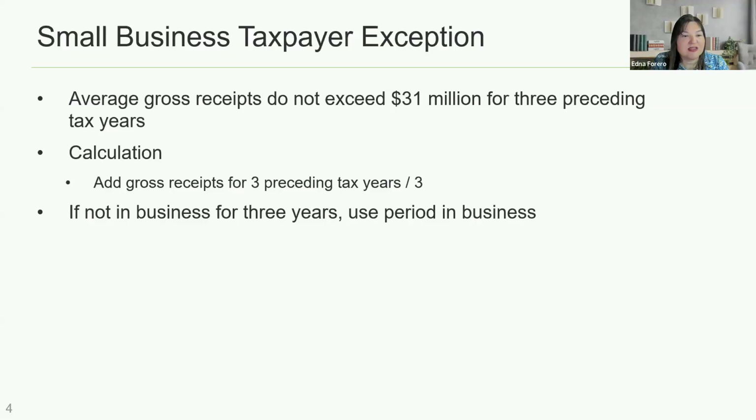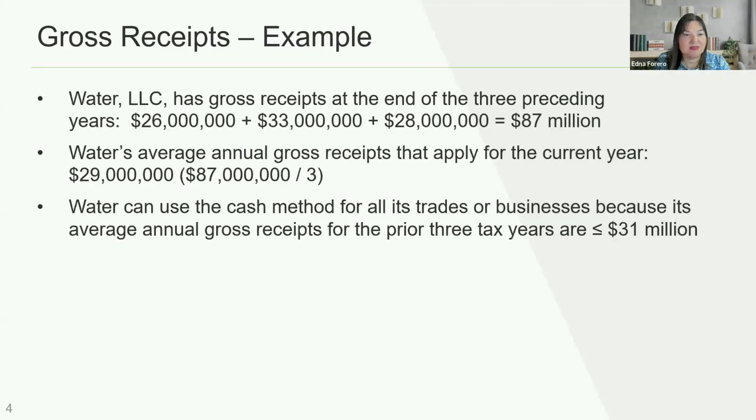You're going to look at the calculation and add the gross receipts for the 3 preceding years and divide it by 3 to see whether or not it can use that. And if they're not in business for the 3 years, then you use the time that they are actually in business.